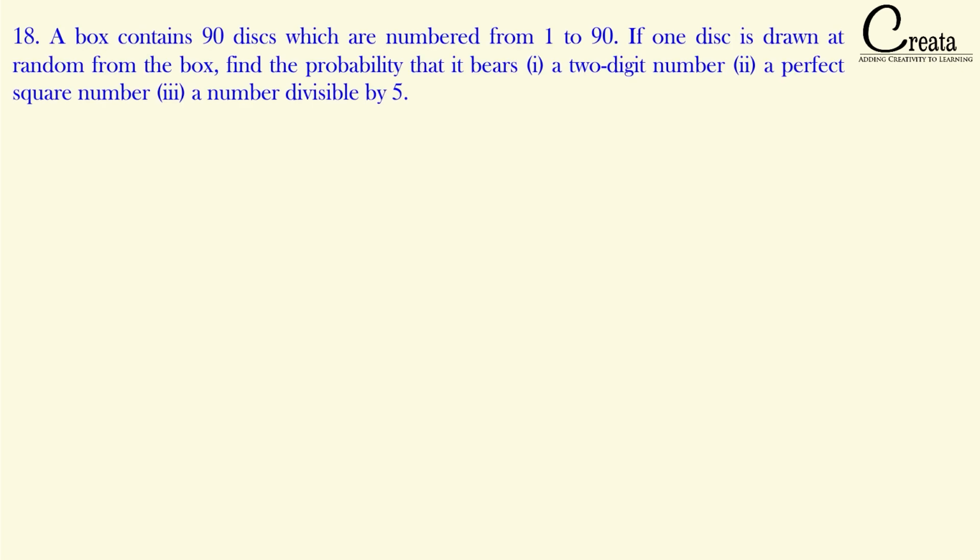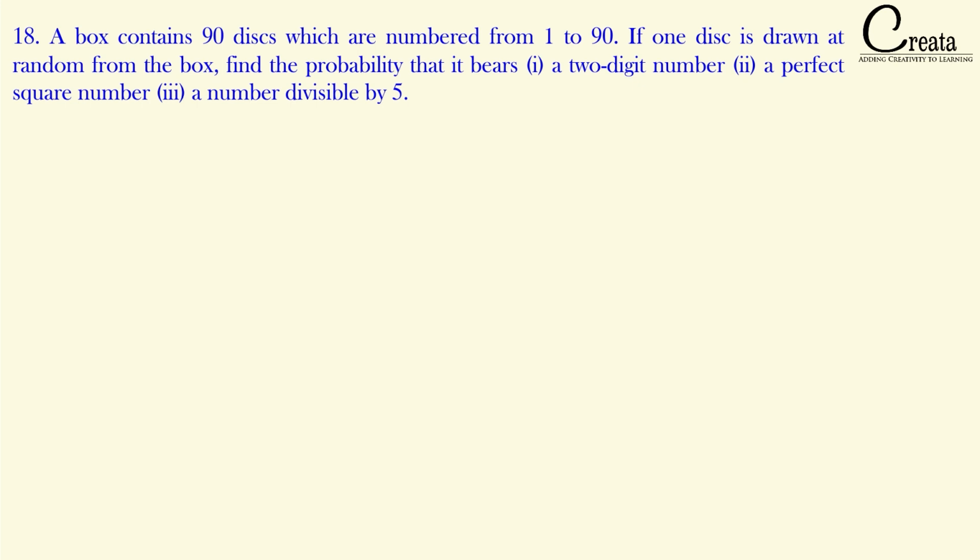Let's move to the next question. Question number 18. A box contains 90 discs which are numbered from 1 to 90. If one disc is drawn at random from the box, find the probability that it bears first a two-digit number, second a perfect square number, third a number divisible by 5. So let's observe the question.